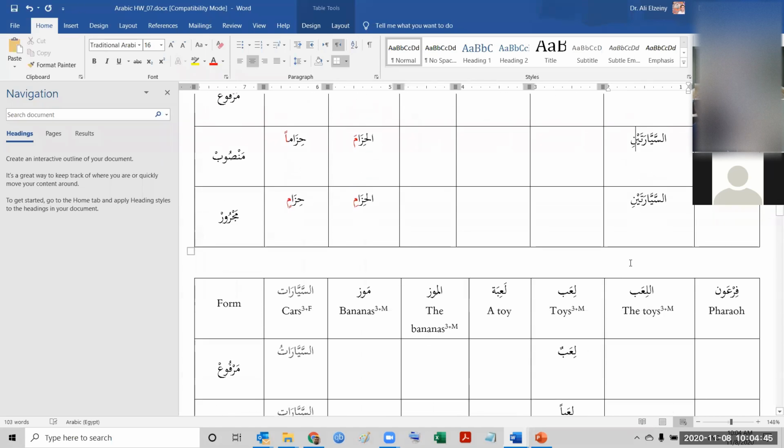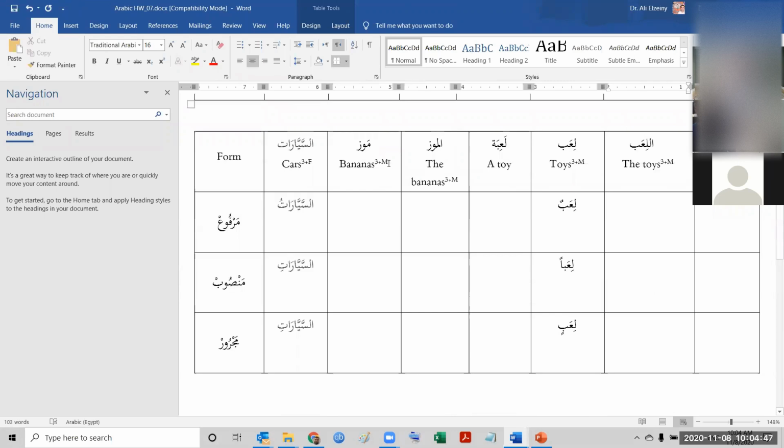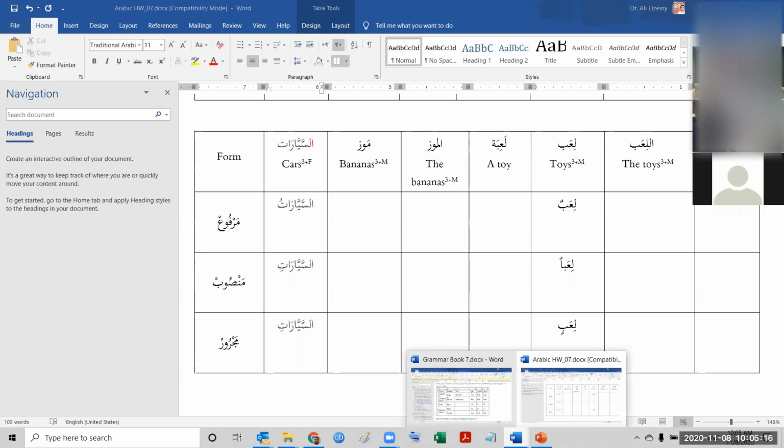Okay. Let's take the case of 3 plus female. Cars. If I have 3 cars or more, and it has an alif lam here, so we know alif lam, no tanween. No question. Alif lam, no tanween. Okay? So now, what is the rule for 3 plus F?